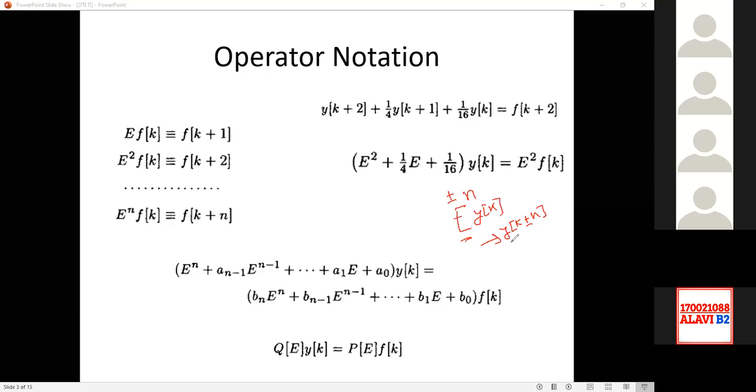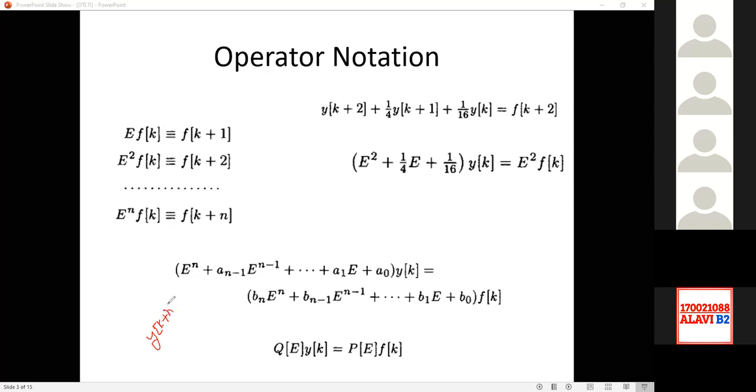So having this with us, we can easily represent our general form as a polynomial form of operators, something like this. Our first term was y, say, k plus n.